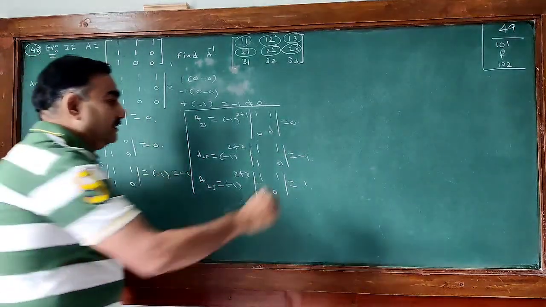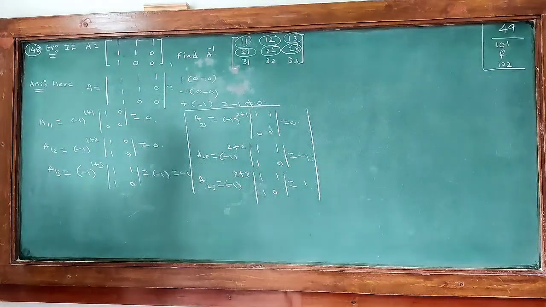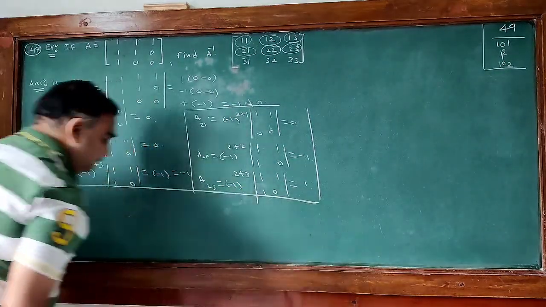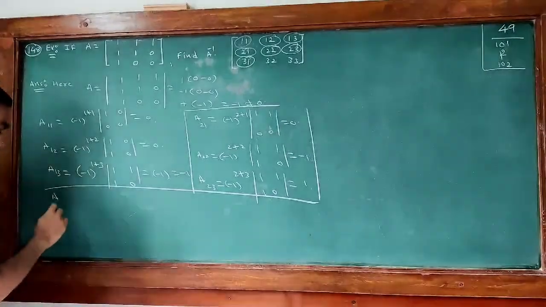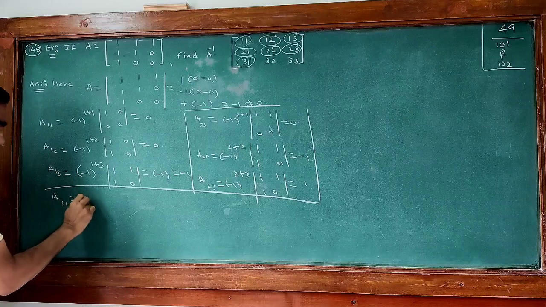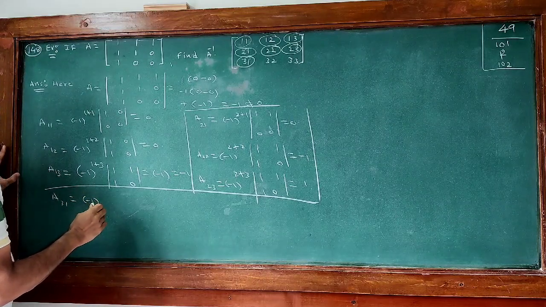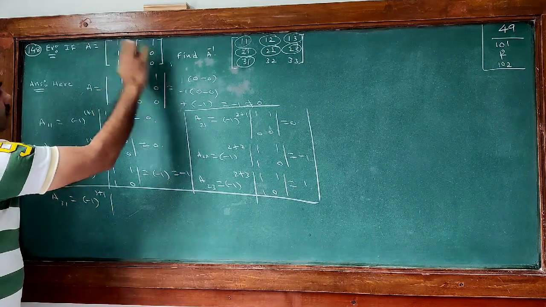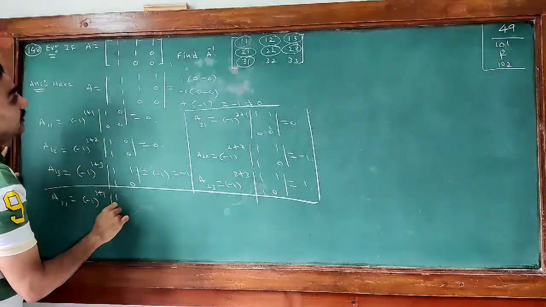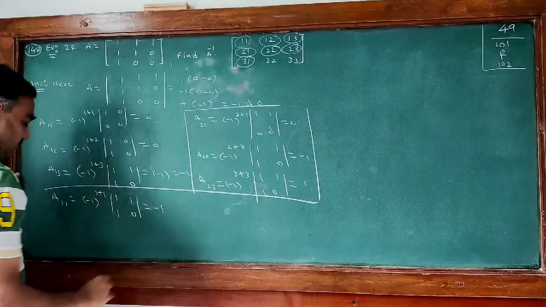And the third row: A31, minus 1 raised to 3 plus 1. We are not taking this row and this column, so it is 1 1, 1 0, and therefore this is equal to minus 1.